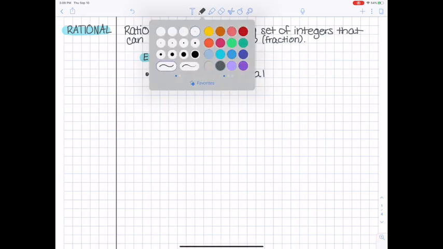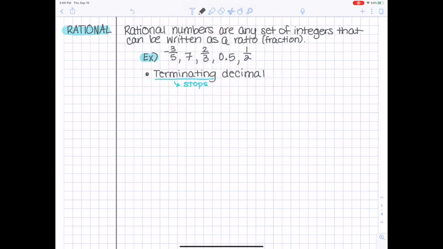A terminating decimal example could be something like 1.4, see? It just stops. It doesn't keep going. Or 0.25, see, it just stops. Or even something like 6.148, right? It's a longer decimal, but it still stops. So terminating decimals are one kind of rational number.